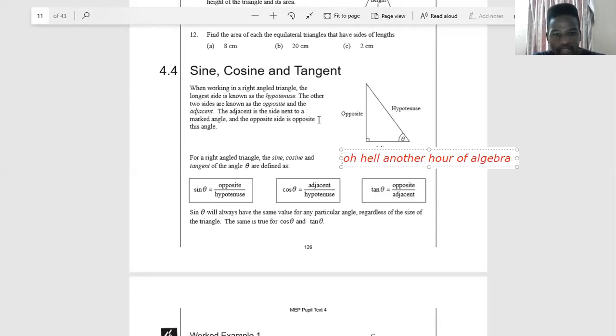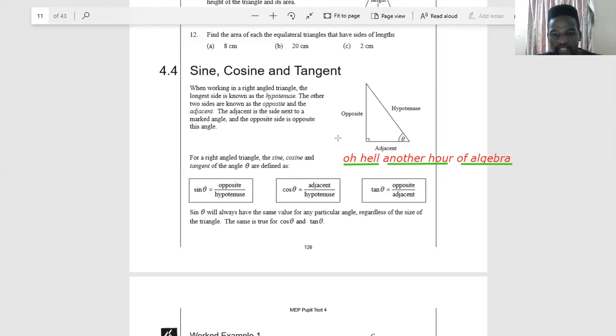You might be asking yourself, what is Taban teaching us right now? So for the first two, this oh hell is for sine. This another hour is for cos. Of algebra is for tan. So what am I saying?